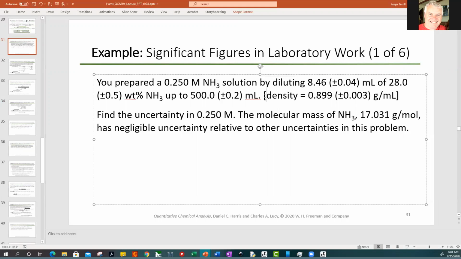This is the density of the 28% ammonia there. So, the exercise is to find the uncertainty in the 0.250 molar answer. So let us see if we can do that here.